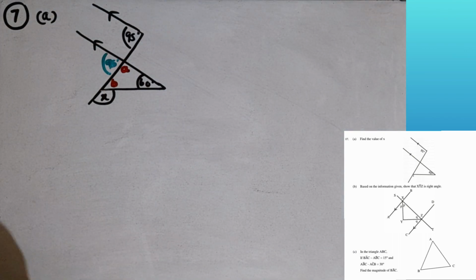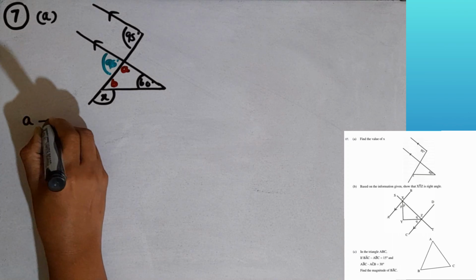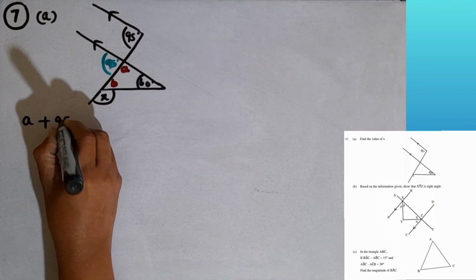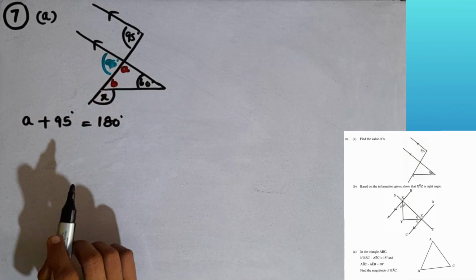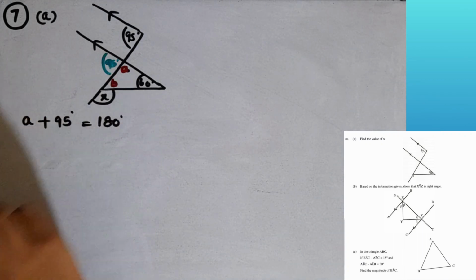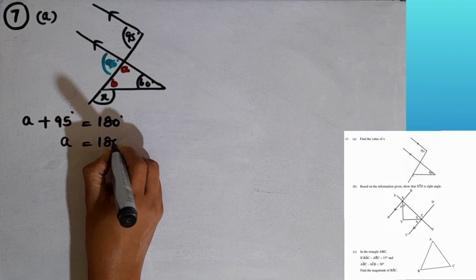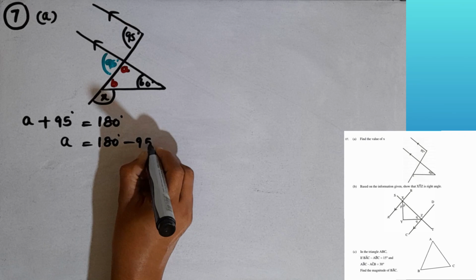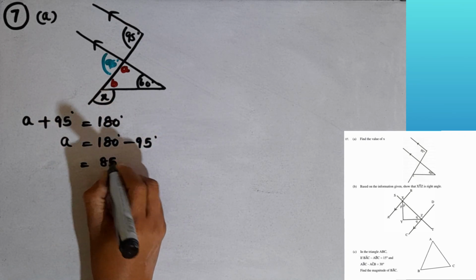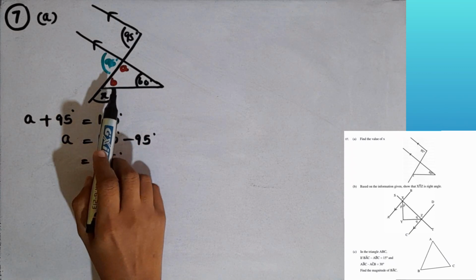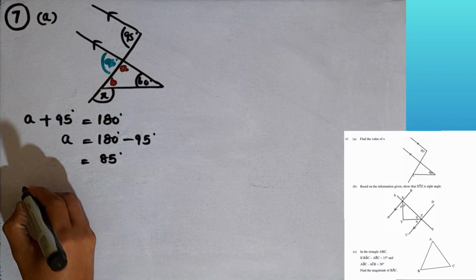We can write the equation A plus 95 equal to 180 degrees. Supplementary adjacent angles. They are located on a straight line. A equal to 180 minus 95. That is 85 degrees. We can find B by taking the interior angle sum of the triangle.